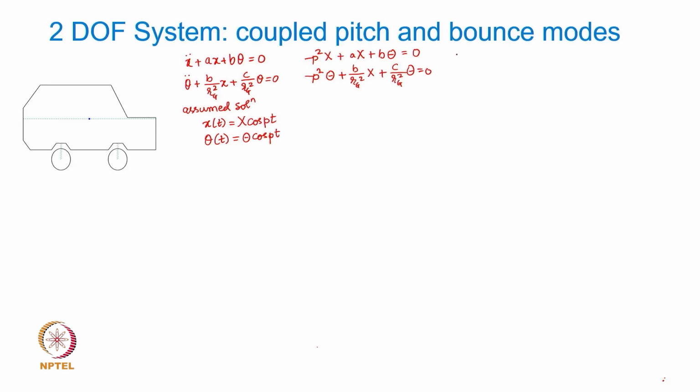And so therefore, I get from this equation capital X over capital theta equal to minus b over a minus p square.